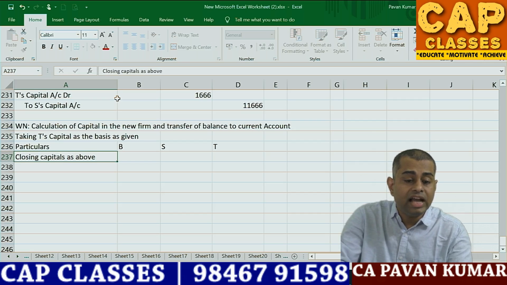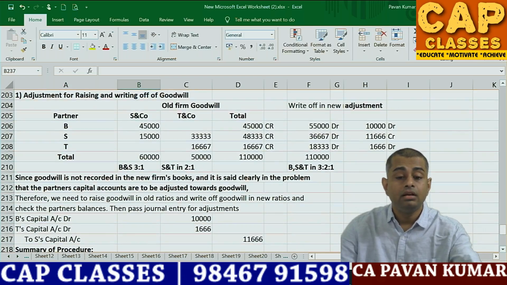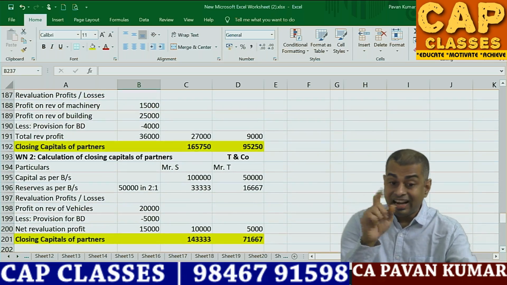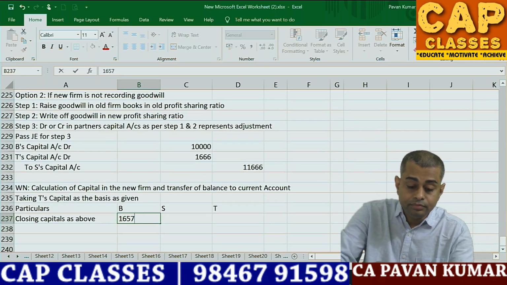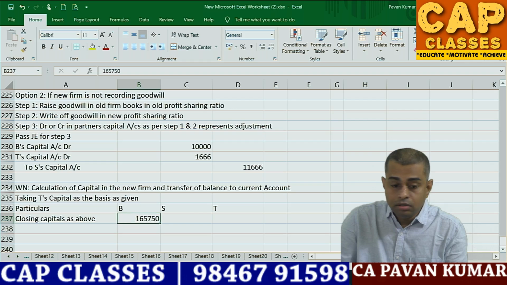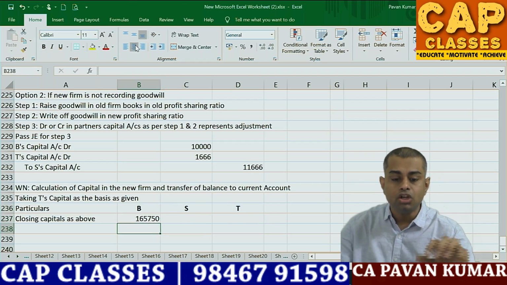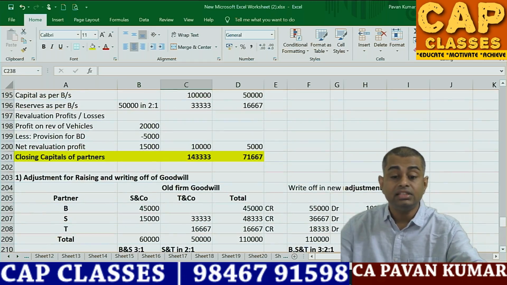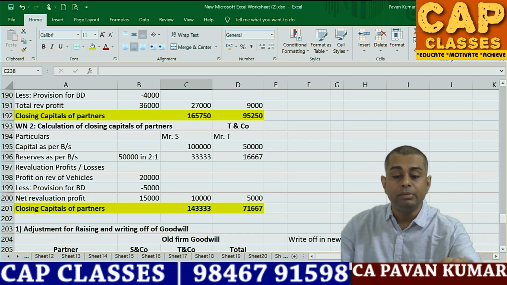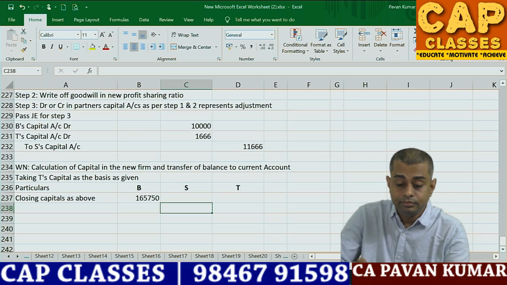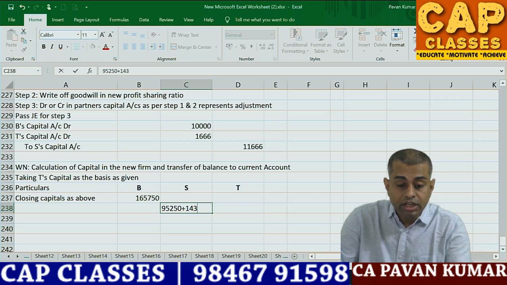Closing capitals as above. So what is closing capital of B? Closing capital of B, 1,65,750. B will get capital only from one company, but S will get from 2 companies, no? So for S it is 95,250 plus 143,333.